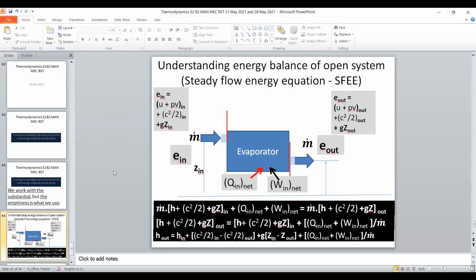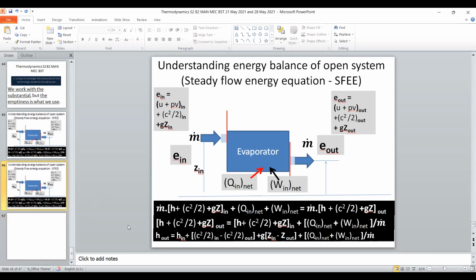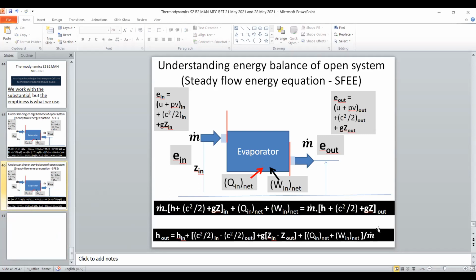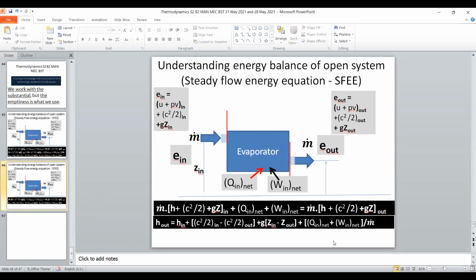I hope you can understand this. Just rearrange. And the next is with this rearrangement, it's the same, no difference.